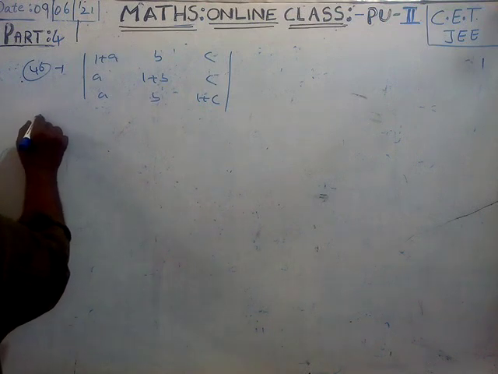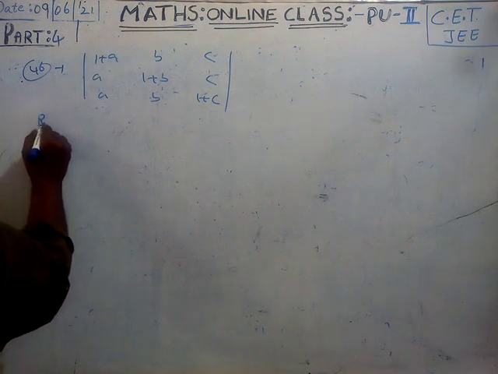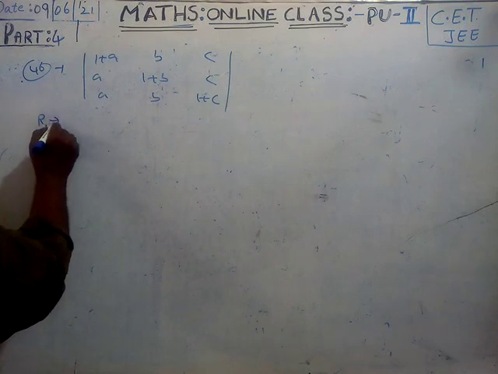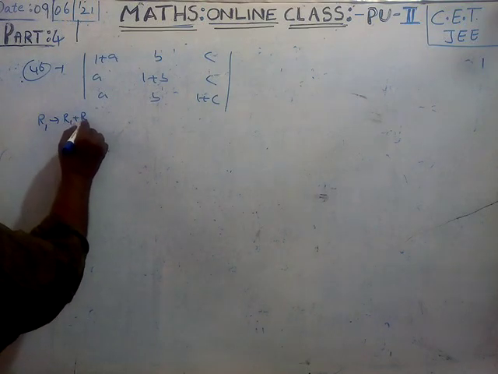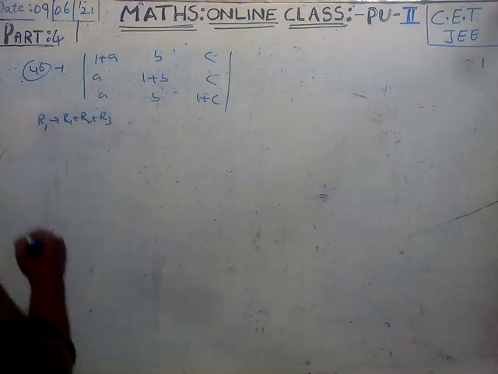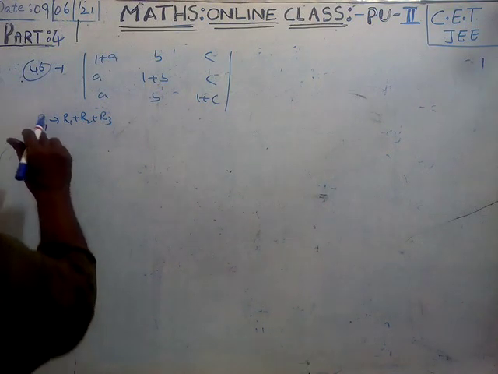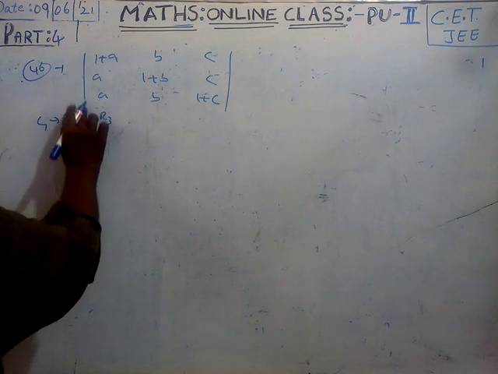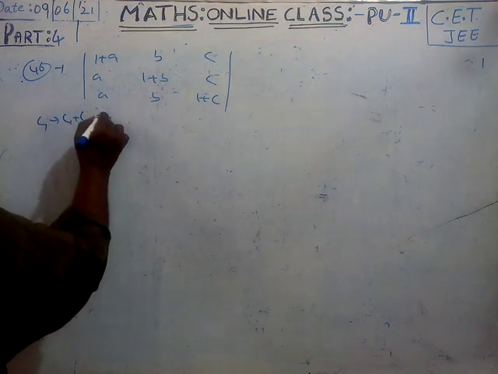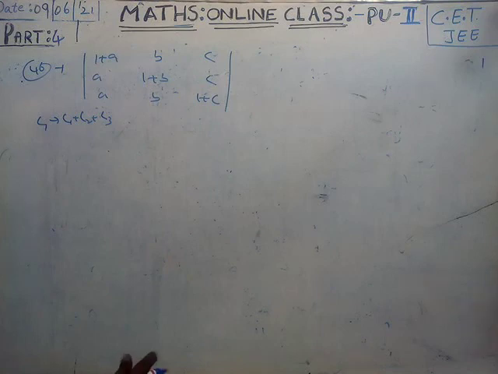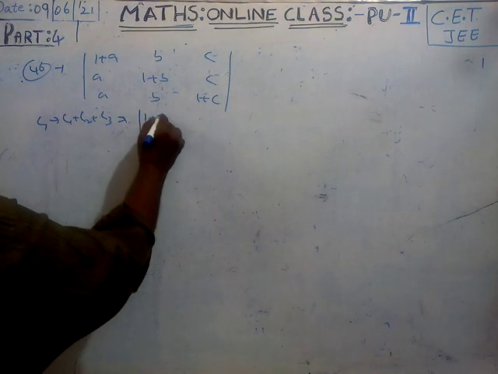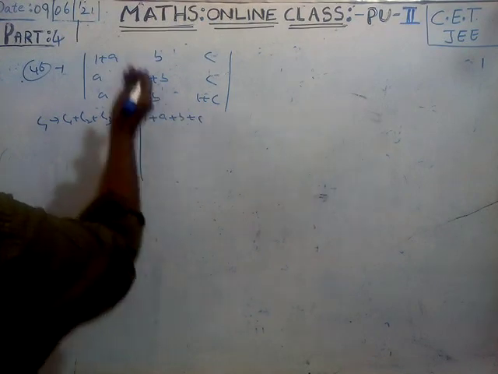You see, R1 will become R1 plus R2 plus R3. Not R, we will take it as C1, C1 plus C2 plus C3. Okay, now that implies, you see, 1 plus a plus b plus c.